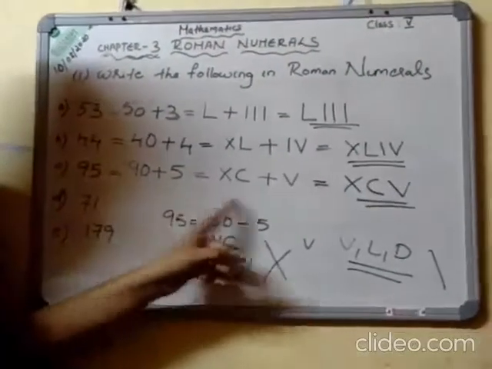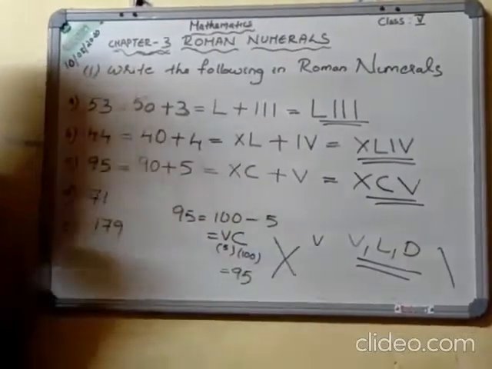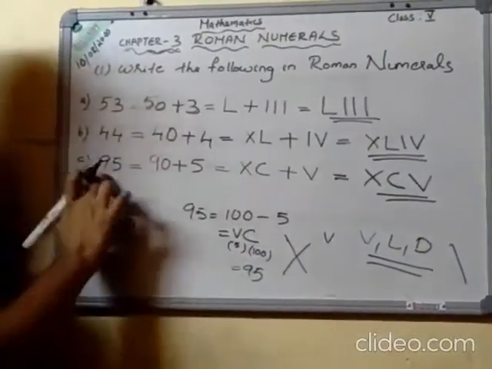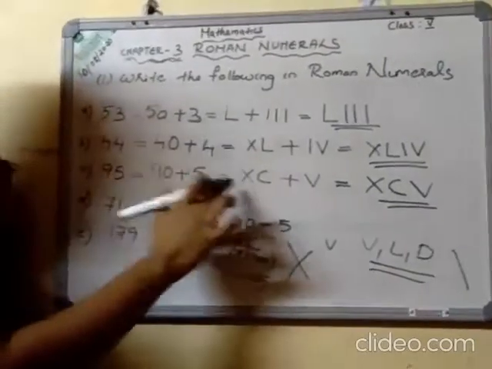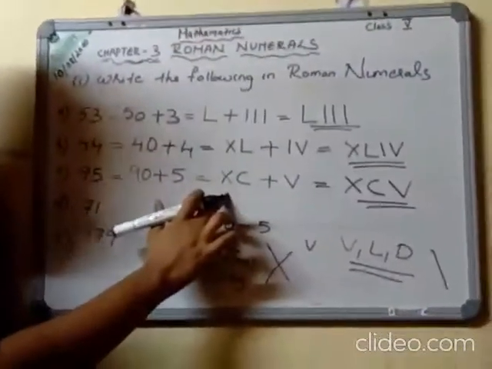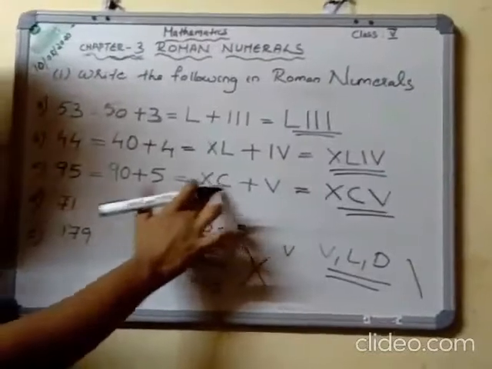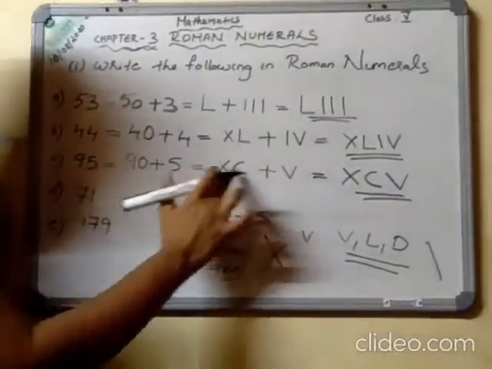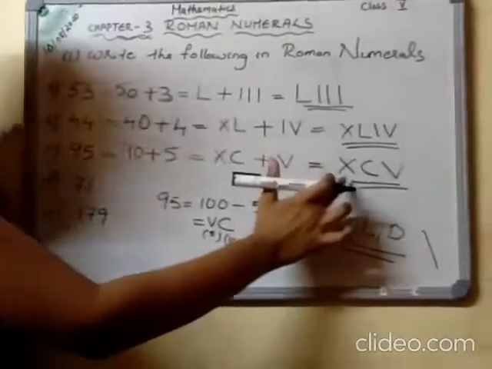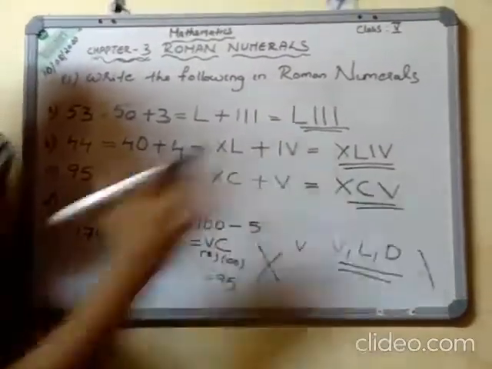This representation of 95 is wrong. So how can we write 95? 95 can be written as 90 plus 5. XC is the representation of 90 and 5 is represented by V. So the Roman representation of 95 is XCV.